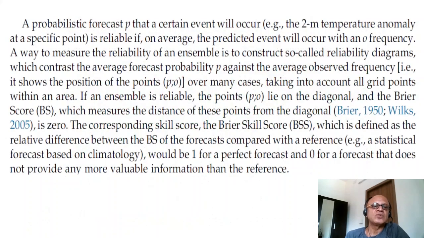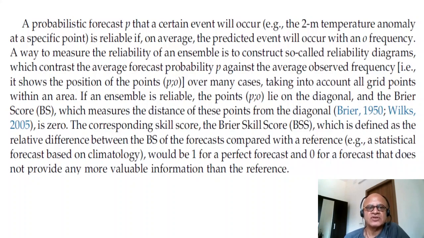Okay, so to think about it, consider a probabilistic forecast P that a certain event will occur. For example, a 2-meter temperature anomaly at a specific point, could be a heat wave, for example.